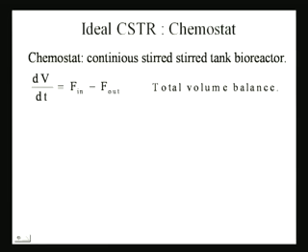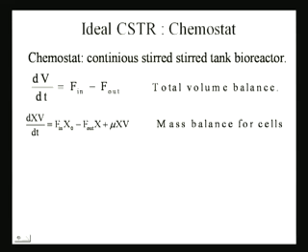Fine. So the next balance we do is a mass balance for the cells, and the mass balance of the cells is simply, if you take this for example, you will have to multiply it with the cell concentration. So d/dt of xV, this and these two, plus there will be a generation of cells. That is the only difference between the other component and the cells: overall volume is not being generated, whereas cells are being generated.